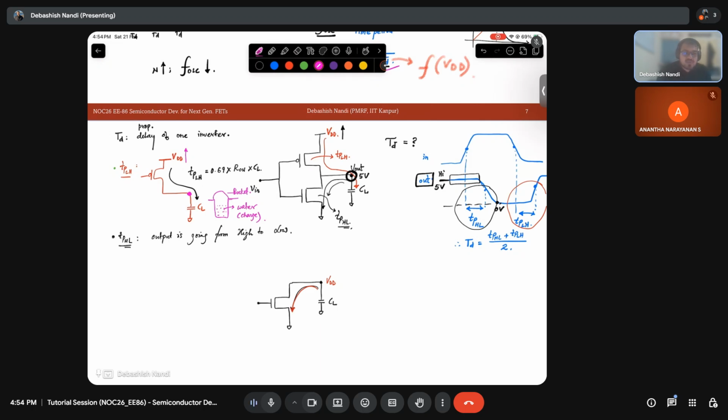Let's say I want to charge my CL to 1 volt, and for that I need 1 picosecond. Now if I want to charge my CL to 5 volt, will I need more than 1 picosecond or less than 1 picosecond? Did you get the question? My question is, if you want to fill the bucket with more water, do you need more time or less time?